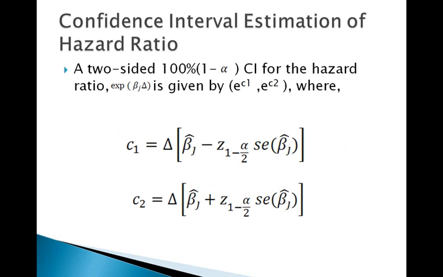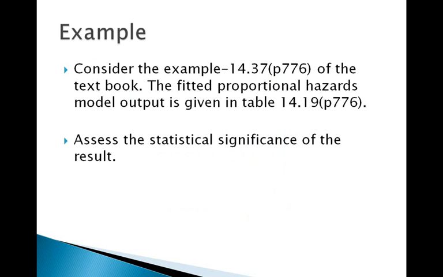The confidence interval estimation for this is done very much in the same way. We have, again, the exponentiation of the upper and lower bound, c sub 1 and c sub 2, constituting the upper and lower bound of the confidence interval. And c sub 1 and c sub 2 are simply whatever that value of change is, delta times beta sub j, plus or minus the z sub 1 minus alpha over 2 times the standard error of the beta sub j calculation.